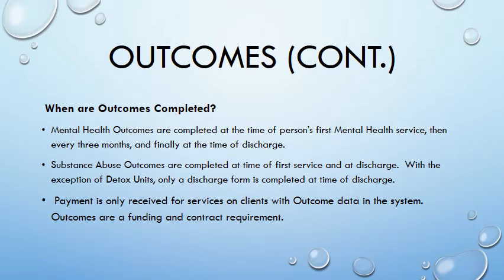In substance use services, there is not the requirement to complete the outcomes every 3 months as there is in mental health services. Finally, under the contract language for providers who contract with local managing entities, payment is only made to the providers when the outcome data has been submitted in a timely fashion.